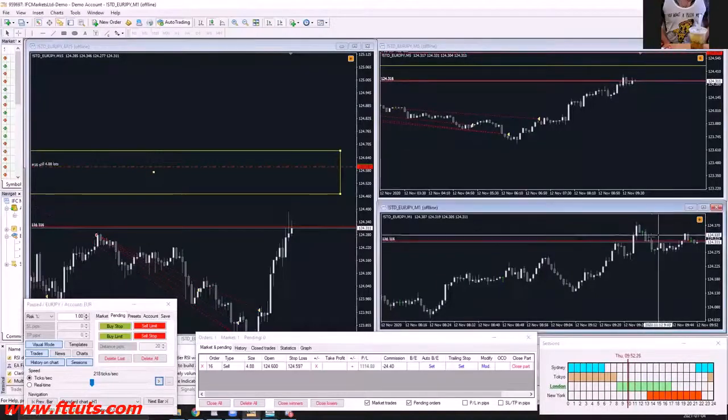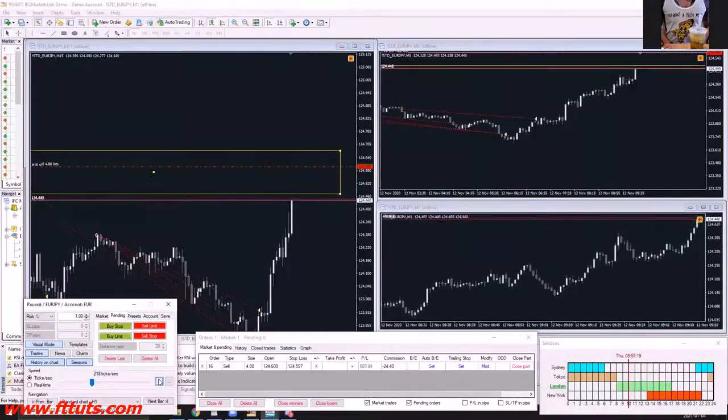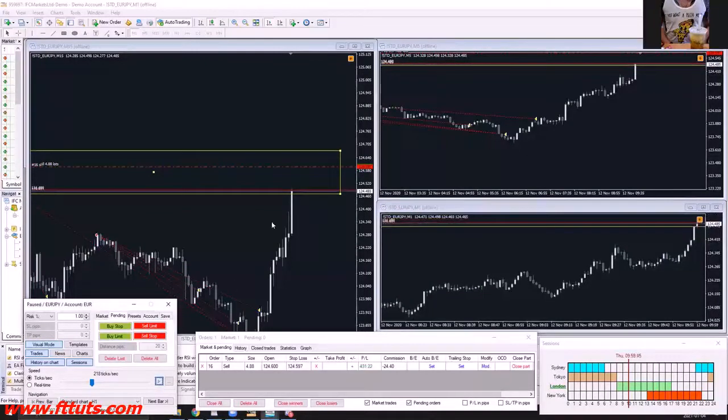We have equals being formed right under the POI. There we go. It's coming up. So we're in the POI now.